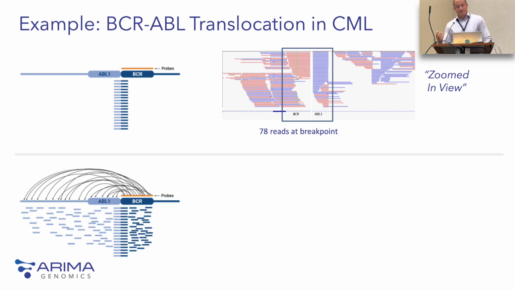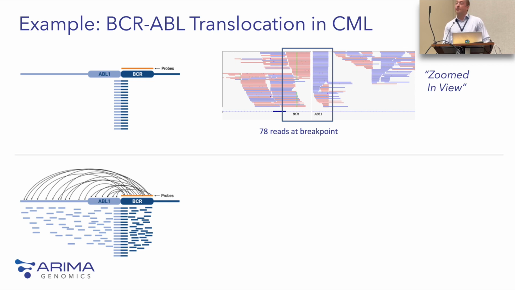But the real advantage here is that we'll have all these other reads where BCR is interacting in that three-dimensional space with the fusion partner and the locus beyond the fusion partner because of the structure of that fused chromosome. That's what these arcs depict here. All of these reads that come from BCR and are 3D linked to something else on this locus are informative.